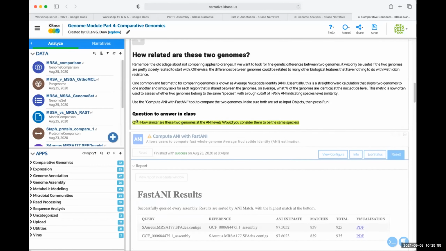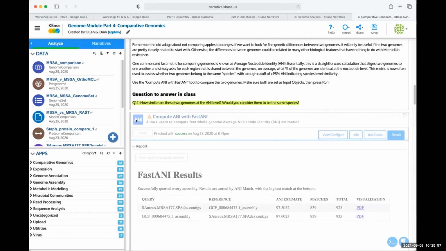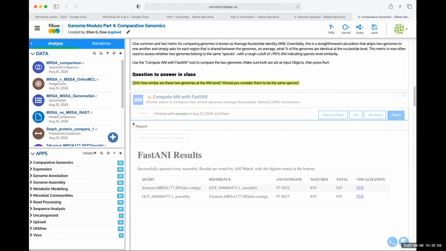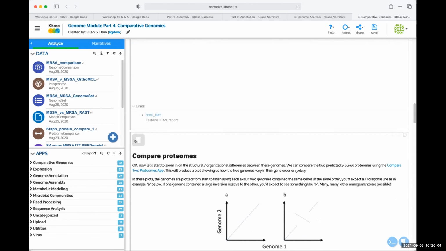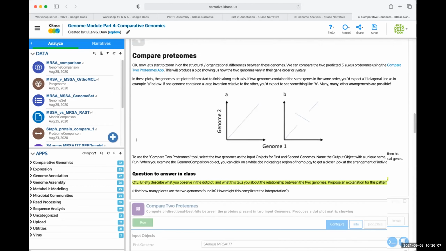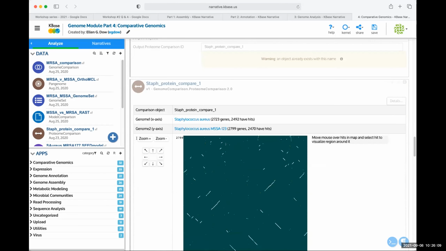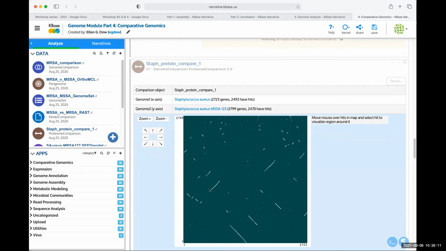So I first have them compute a comparison of the genomes based on an average nucleotide identity metric, and explain what that is. Have them compare the proteomes with these classic dot plot visualizations, where you can see some regions of local synteny of genes, but also gives me a chance to discuss recombination and variation in genomes between these two Staph aureus strains, one that's methicillin resistant and one that's methicillin sensitive.